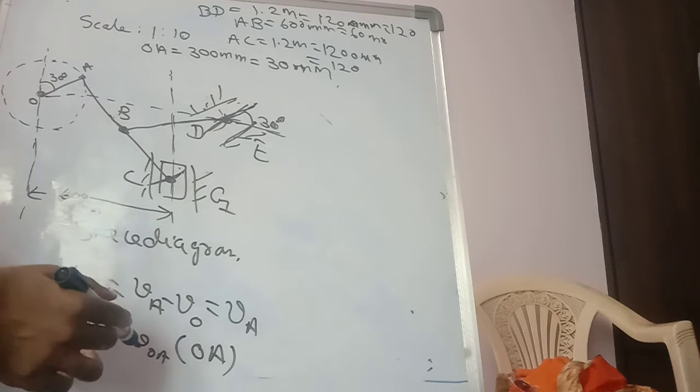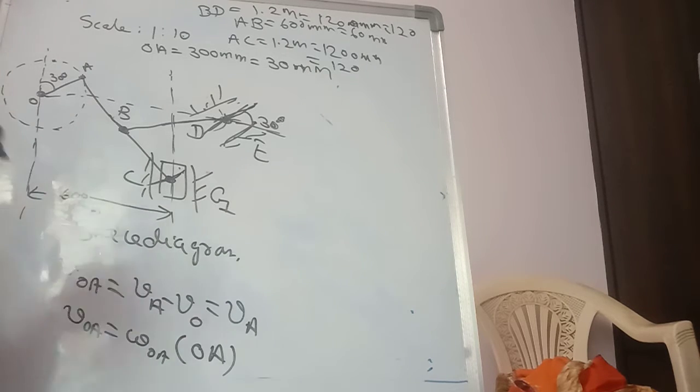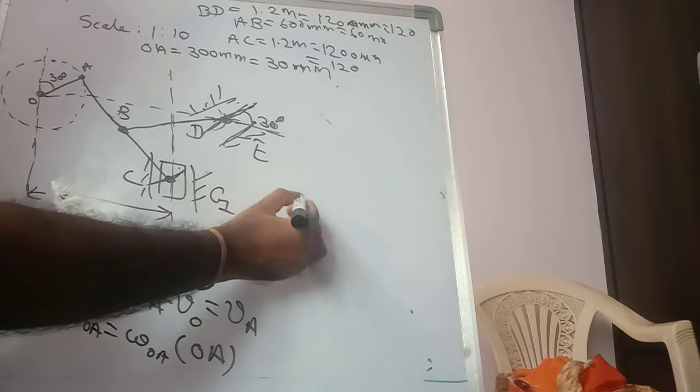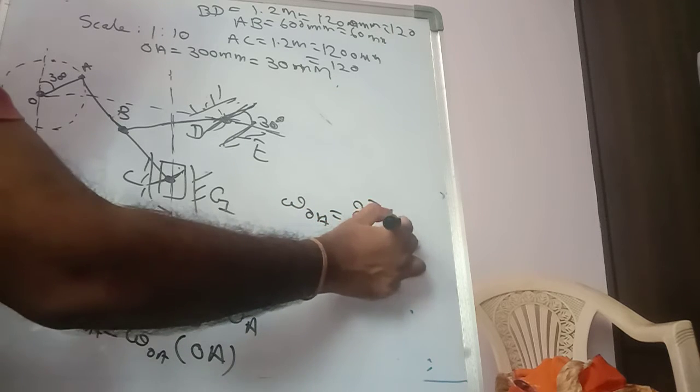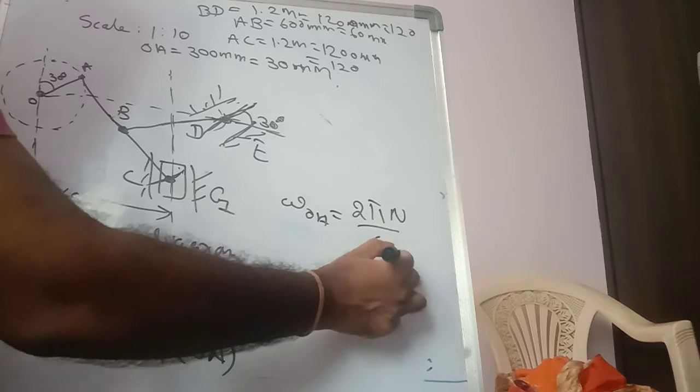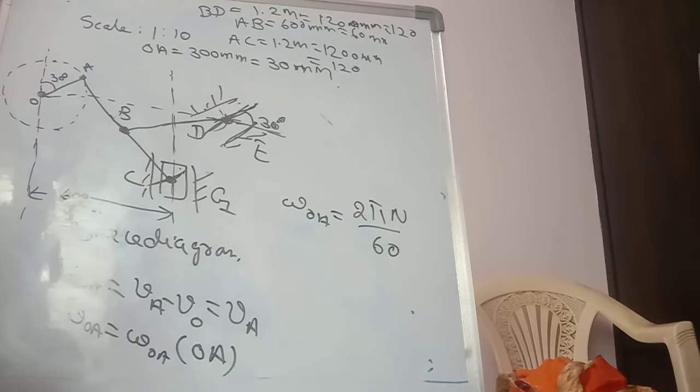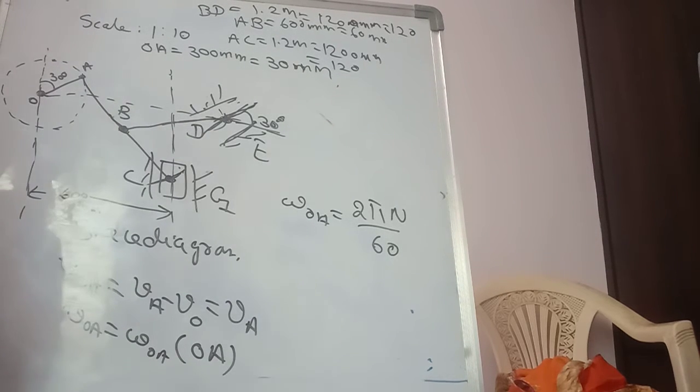Now we have to find out omega OA. Omega OA is given in the problem. Omega OA is nothing but 2 pi N by 60. The RPM is given. The speed of the crank in the problem is 200 RPM.